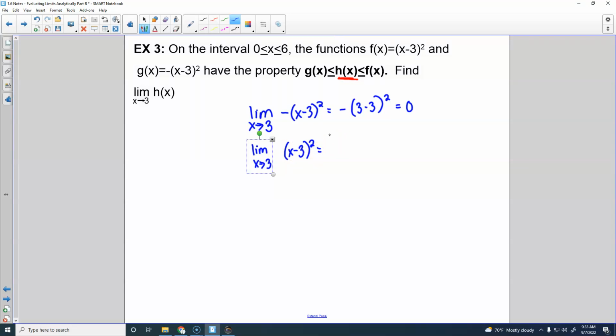Again, just a direct substitution problem, so (3 minus 3) squared would also give us 0. And so then we could say by the squeeze theorem, the limit as x approaches 3 of h of x also equals 0.